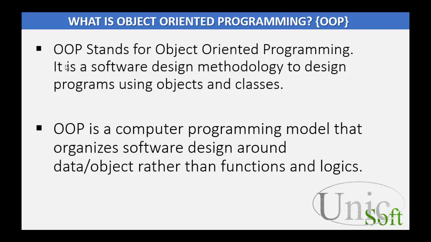of OOP. OOP is also a computer programming model that organizes software design around data and objects rather than functions and logic. With object-oriented programming, you divide a program into distinct layers and you put them into classes.